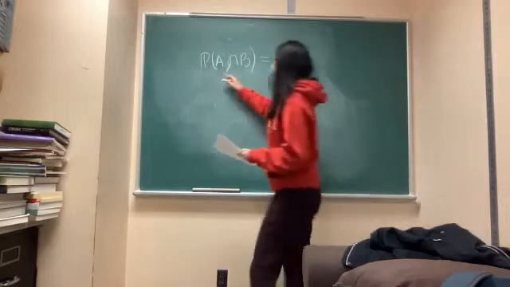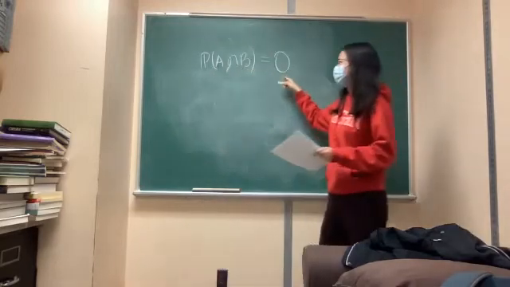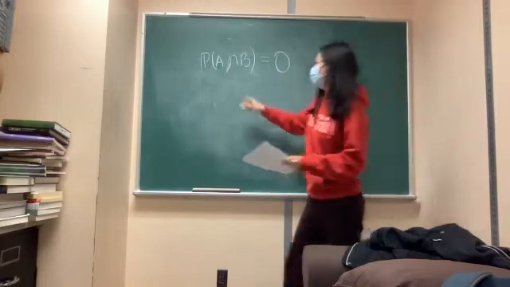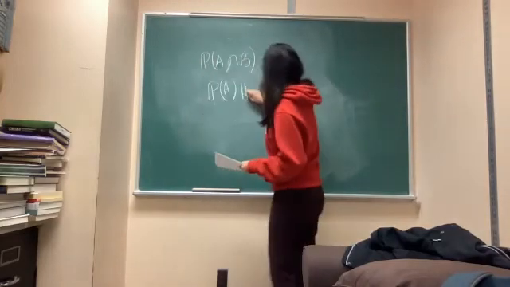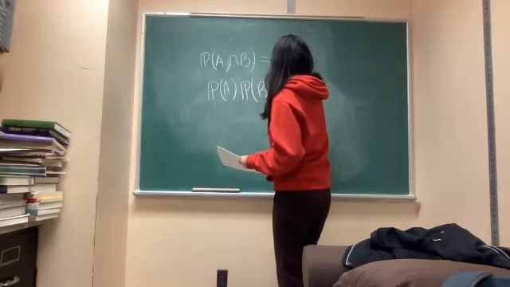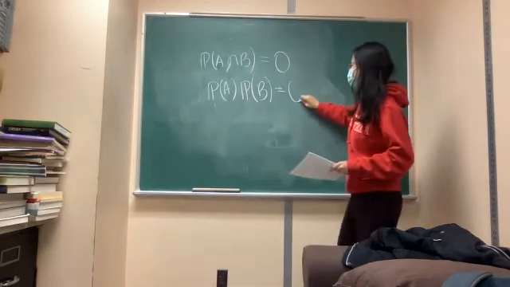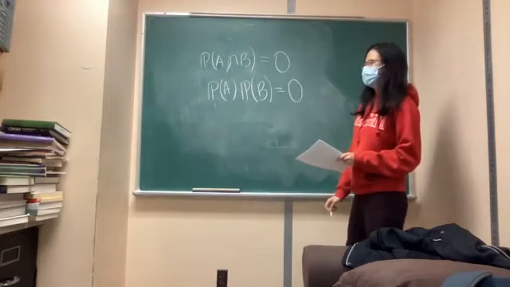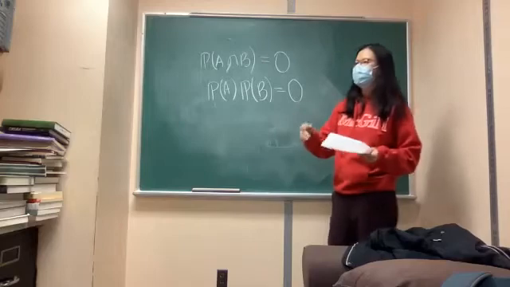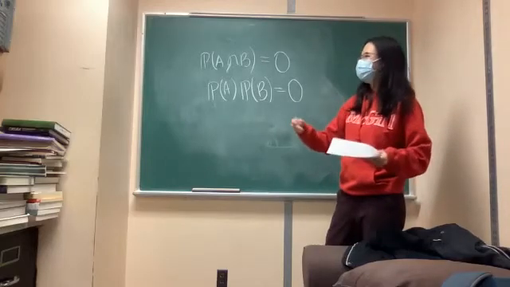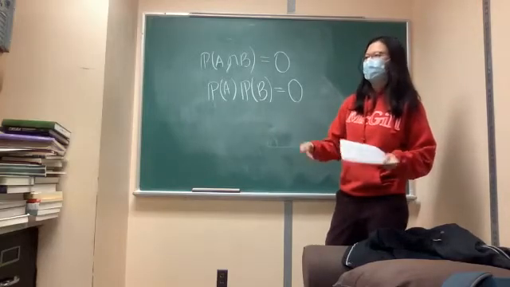But if the probability of A intersection B equals 0, that means that if they are independent, it must be that the probability of A multiplied by the probability of B equals 0. So it is, by definition, unless an event never happens, it cannot be mutually exclusive if it is independent.